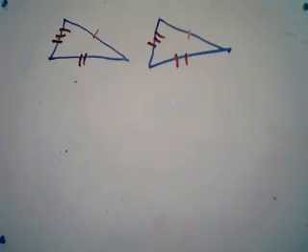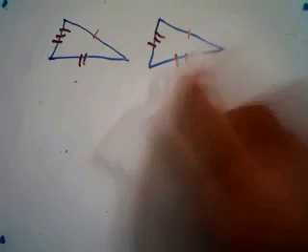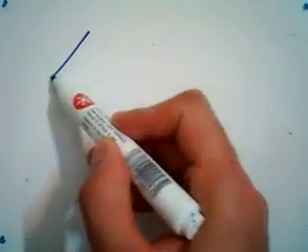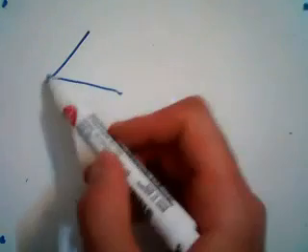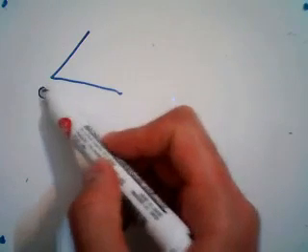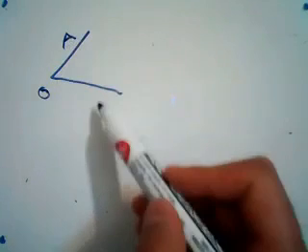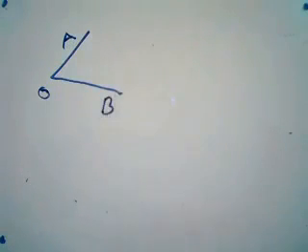So let's see how it helps us. Here I want to tell you how we could bisect a given angle. O is called the vertex, and A is some point on this, and B another point on this.